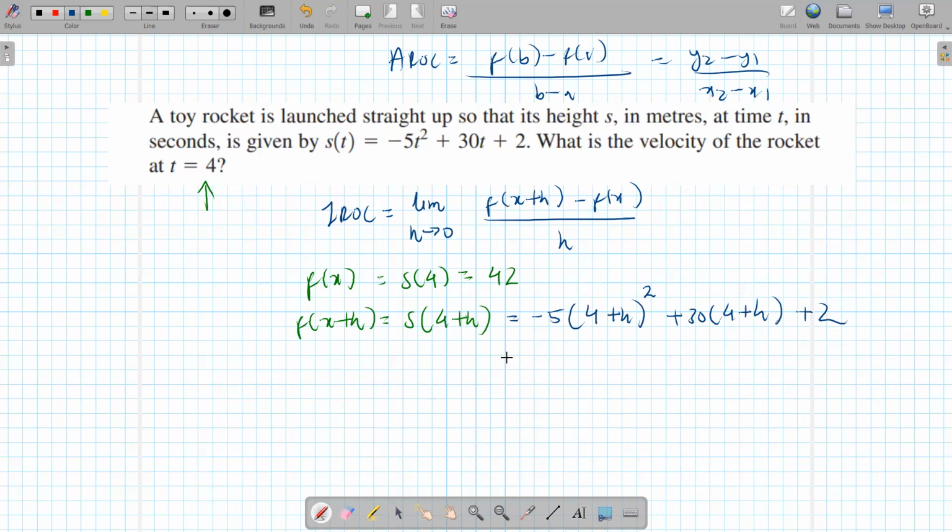Now we need to simplify this bracket. We need to clean this up. You want to open all the brackets. The second bracket is pretty simple, actually. It's just 30 times 4, 120, plus 30 times h is 30h, and then you have a plus 2 here.